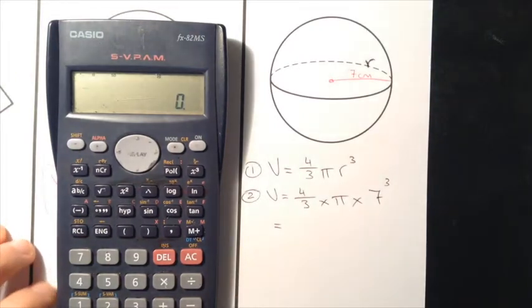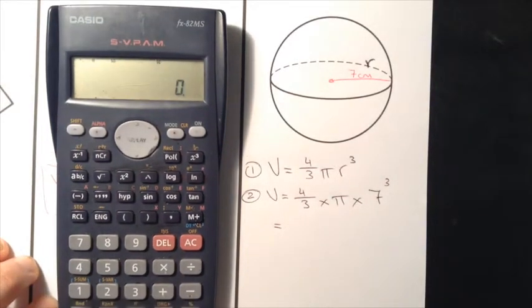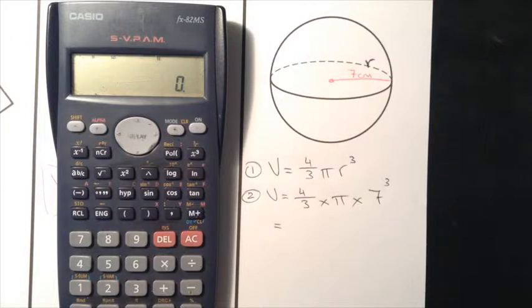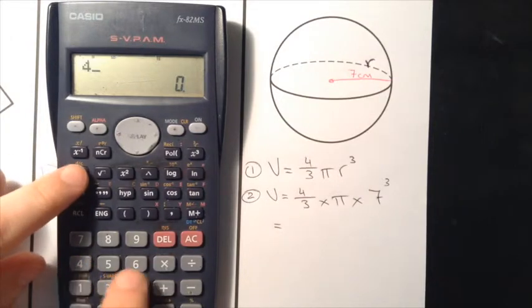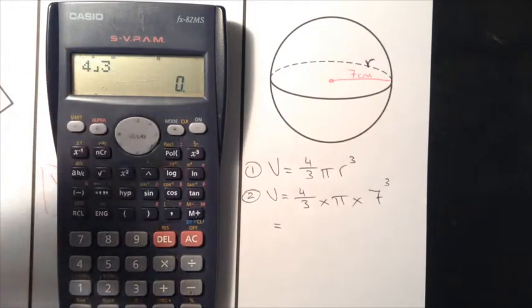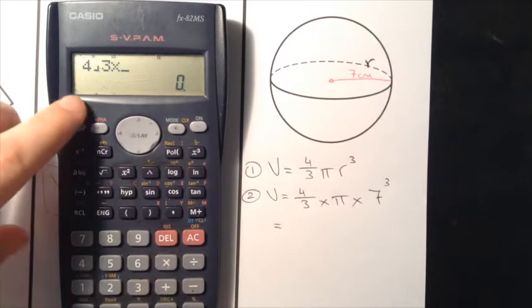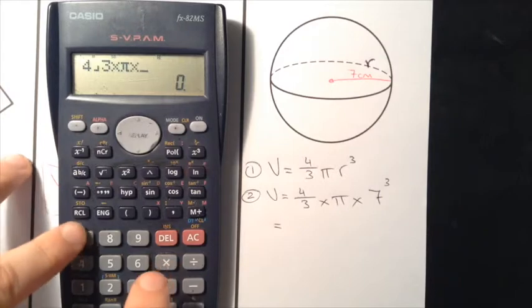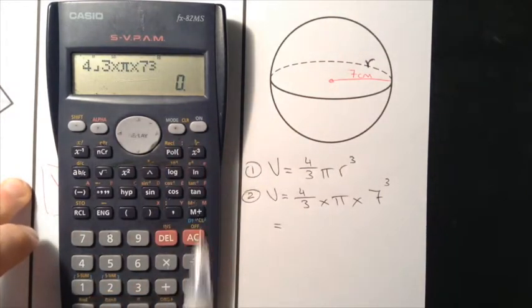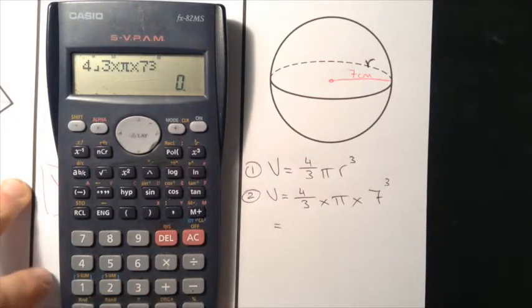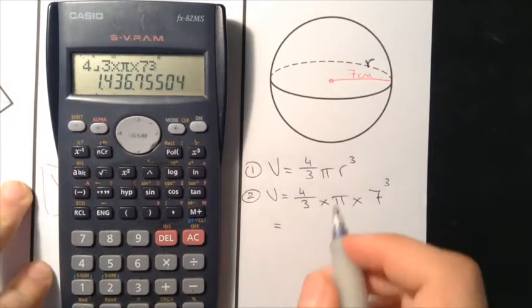And we start to plug in these numbers. Again, 4/3, you can do it as a fraction if you want, but I suggest you keep it nice and simple and do it as a fraction. You can do it as a decimal as well. Okay? So we have 4/3 times pi times 7 cubed, and you'll have a cubed button on your calculator there. Okay? And we press equals, and that's our answer.